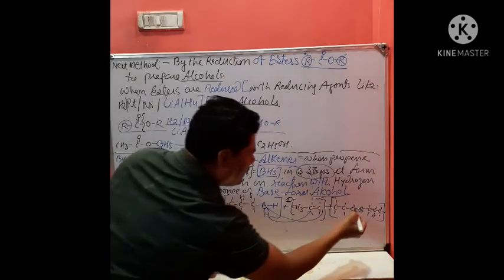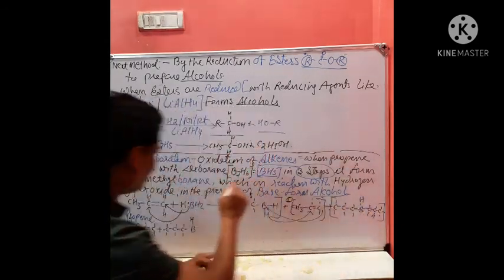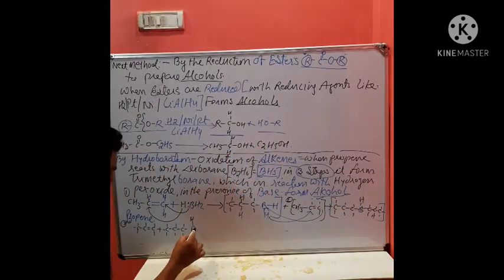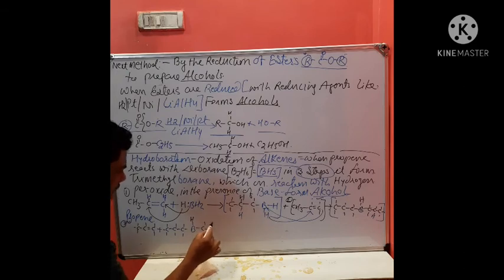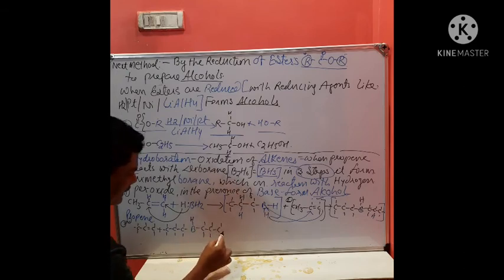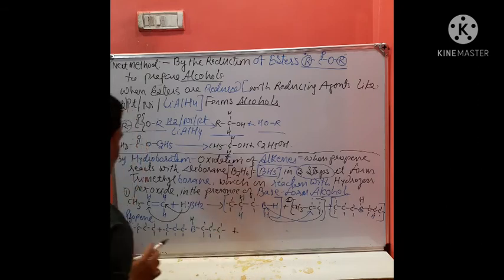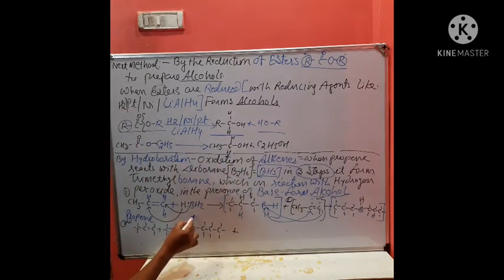Then CH2, CH2 and CH3, isn't it? So now this H will attack this carbon atom, while the B will attach with this carbon atom in the terminal position.